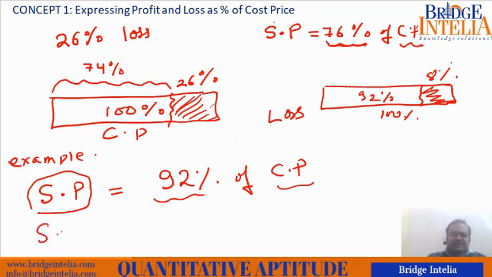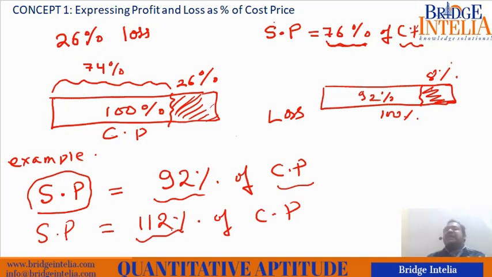Similarly, if it is given somewhere that selling price is equal to, let's say, 112% of cost price, then you can immediately understand that this is good for me because I have recovered more than 100%. So this is a case of profit, 12% more than what you have invested. So this indicates 12% profit.